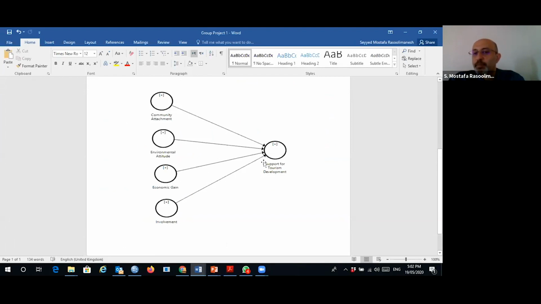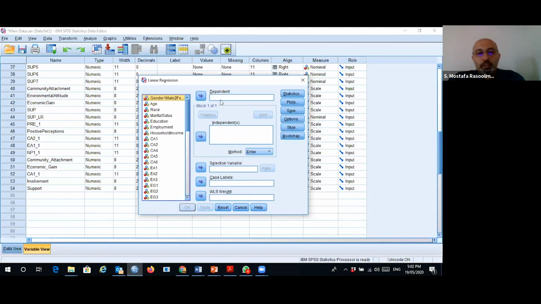So when we go to the software, we need to transfer support to the Dependent box.